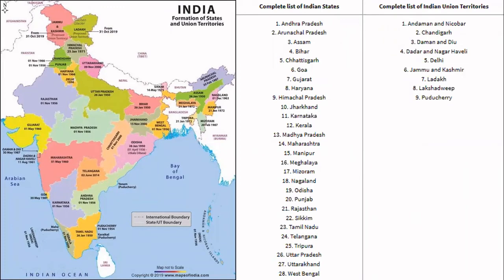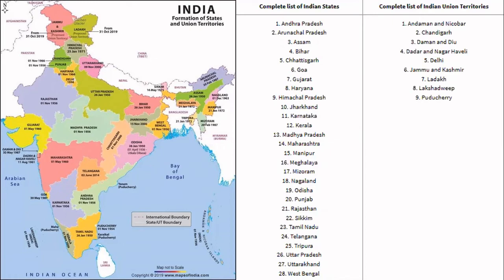So Andhra Pradesh, Arunachal Pradesh, Assam, Bihar, Chhattisgarh, Goa, Gujarat, Haryana, Himachal Pradesh, Jharkhand, Karnataka, Kerala, Madhya Pradesh, Maharashtra, Manipur, Meghalaya, Mizoram, Nagaland, Odisha, Punjab, Rajasthan, Sikkim, Tamil Nadu, Telangana, Tripura, Uttar Pradesh, Uttarakhand, and West Bengal.